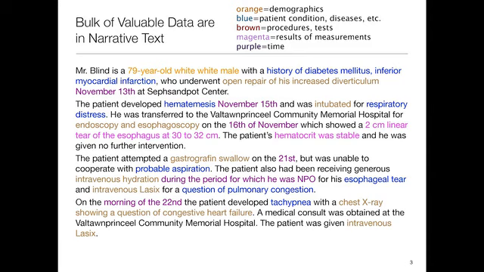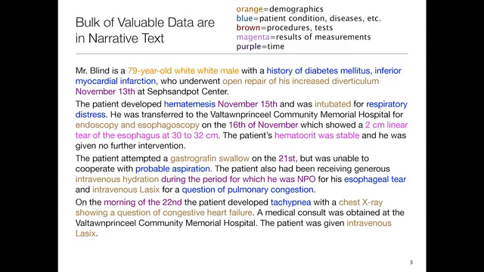So if you look at something like this, you see that Mr. Blind is a 79-year-old white male, with a history of diabetes mellitus and inferior MI, who underwent open repair of his diverticulum on November 13th at some, again, that's not the name of the actual place, medical center.